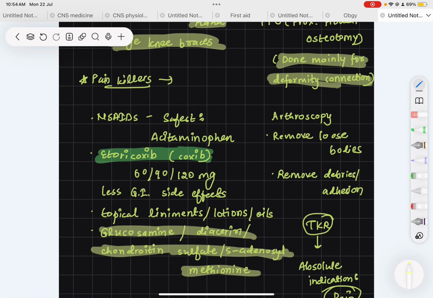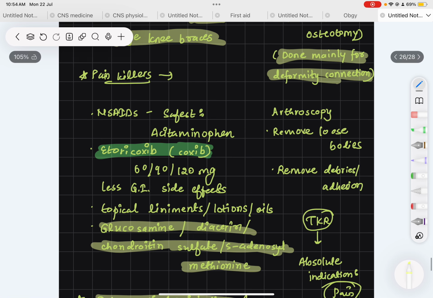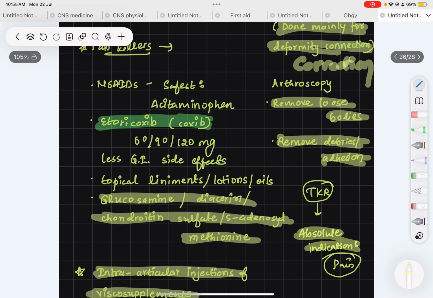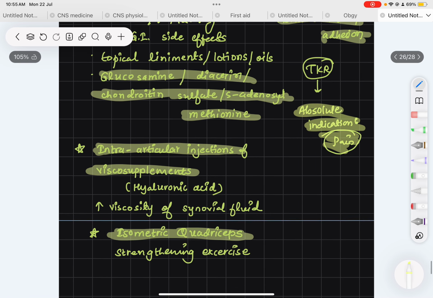Then arthroscopically we can remove the loose bodies, remove the debris and adhesions, and finally we can do total knee replacement. That is the absolute indication.